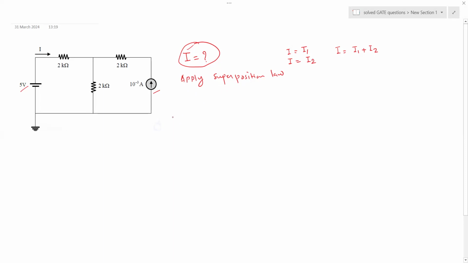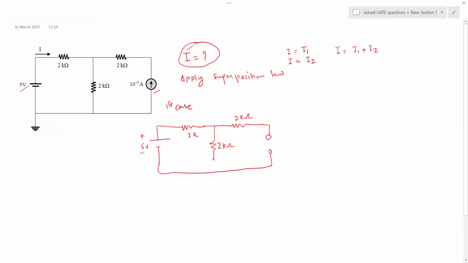In case one, I have only the 5 volt voltage source, and I have a 2 kilo ohm resistance, another 2 kilo ohm resistance, and here is also a 2 kilo ohm resistance, and the current source is open circuited.